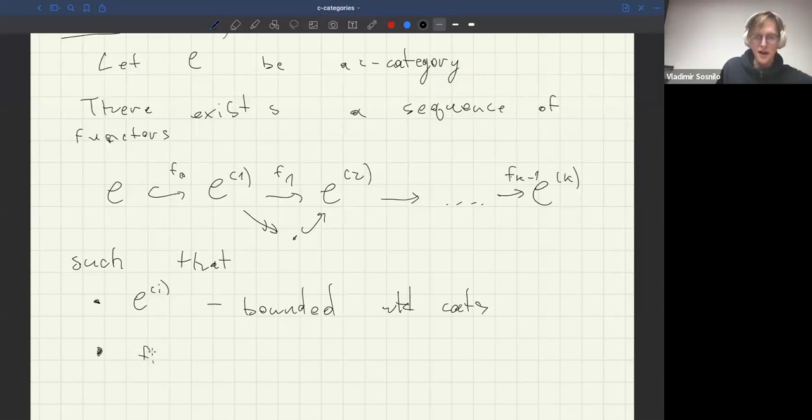For each f i, the kernel is equivalent to the image up to idempotent completion.